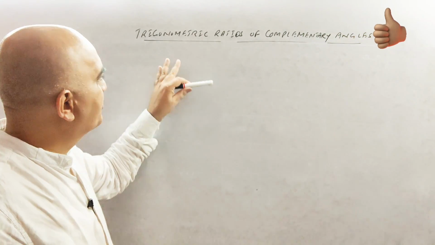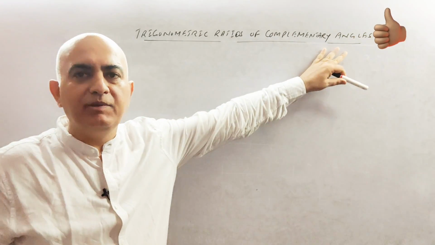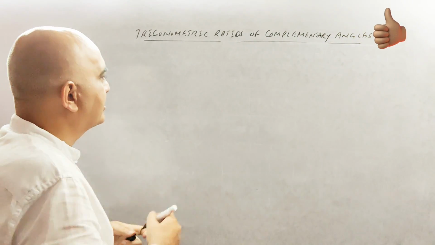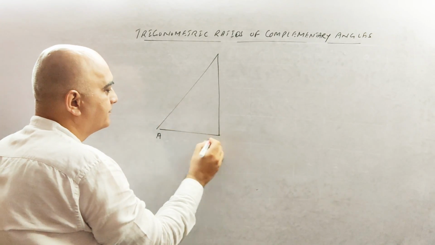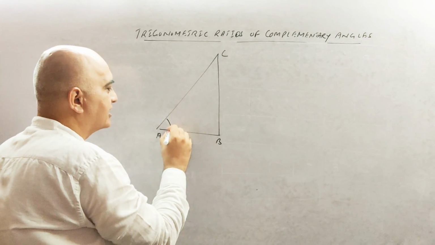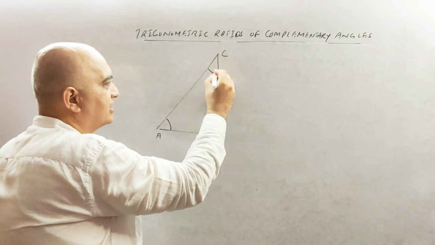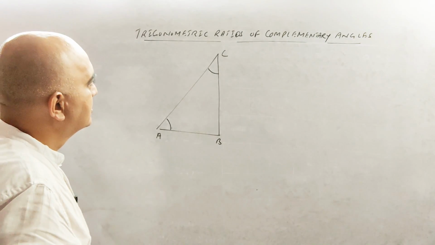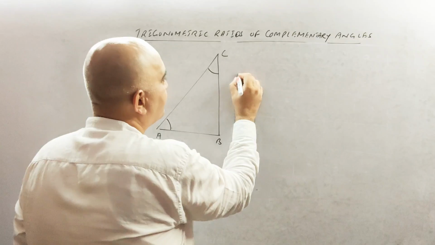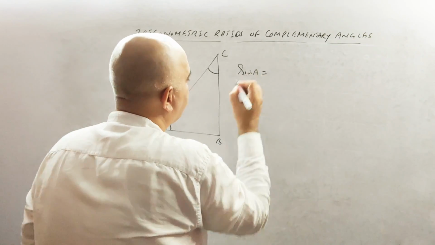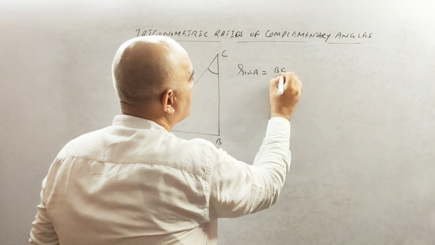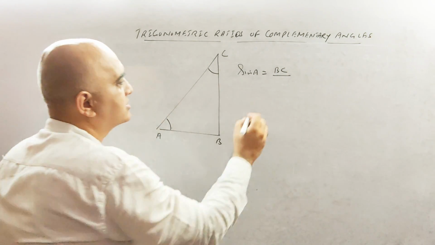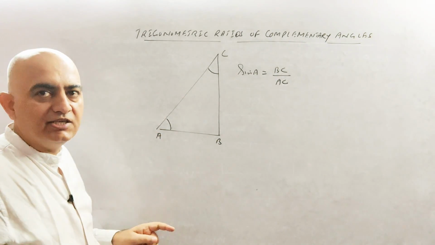Yes, our next topic is trigonometric ratios of complementary angles, right? Suppose we have this triangle ABC, and this angle is A, and this angle is C. We know about it. What is the value of sine A? We know that the value of sine A is perpendicular, that is BC, upon hypotenuse, that is AC.